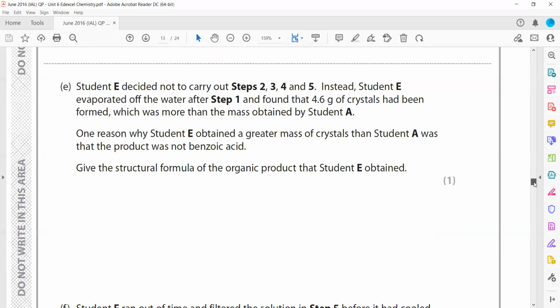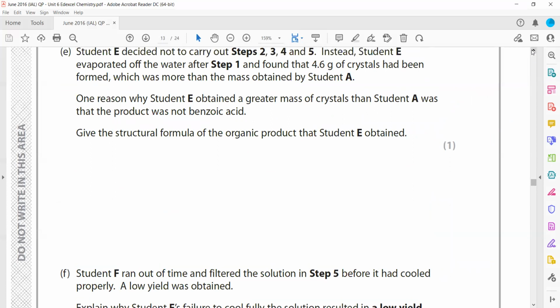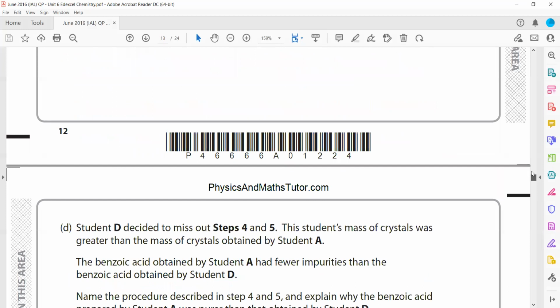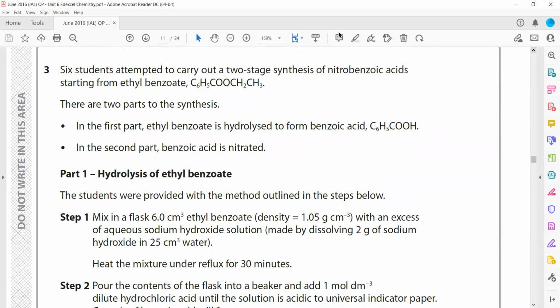Then student E decided not to carry out step 2, 3, 4, and 5. Instead, student E evaporated off water after step 1 and found 4.6 gram of crystals formed, which was more than the mass obtained by student A. Give one reason why student E obtained a greater mass than student A, and give a structural formula for the product. The main reaction is hydrolysis of ethyl benzoate.